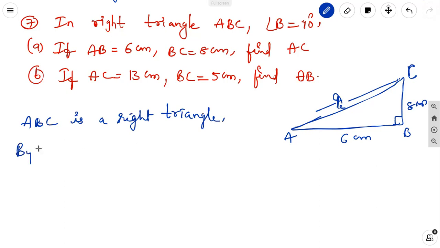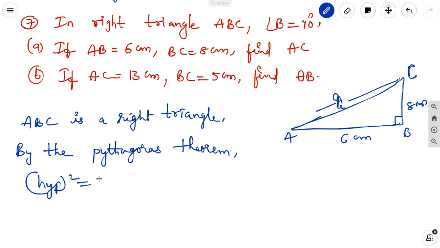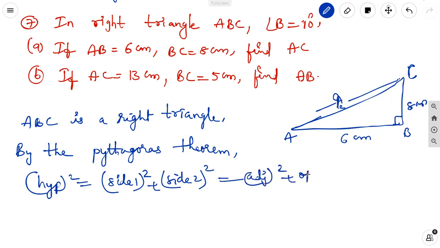By the Pythagoras theorem, the hypotenuse square equals side 1 square plus side 2 square, or adjacent square plus opposite square, or base square plus altitude square.